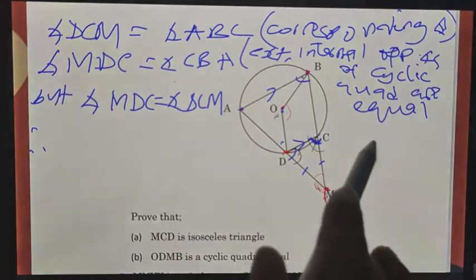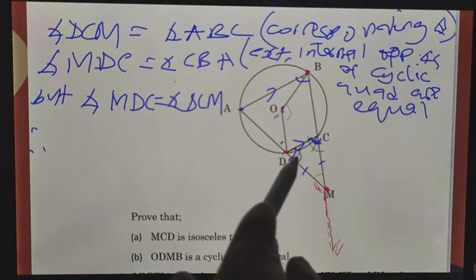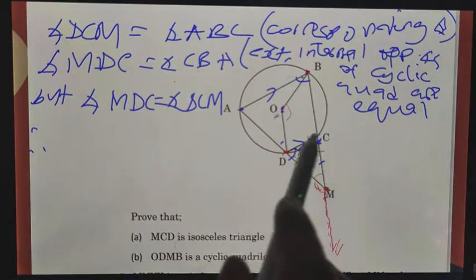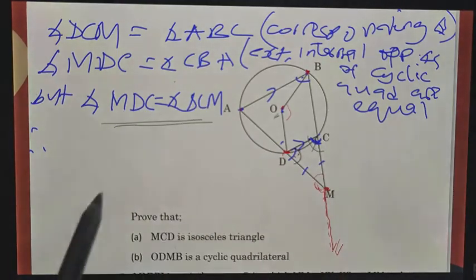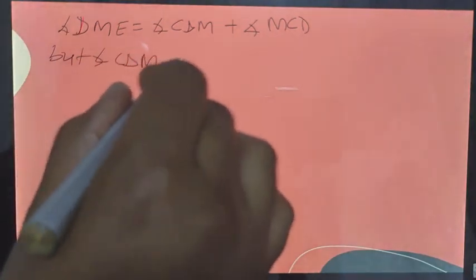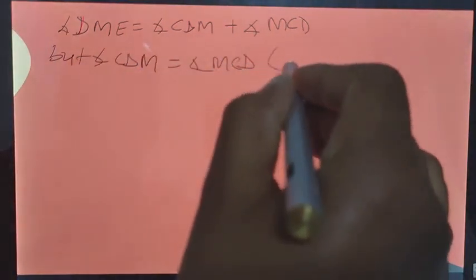We already showed in the first part of the question that DCM and MDC are equal. So we can say that angle CDM is equal to angle MCD.